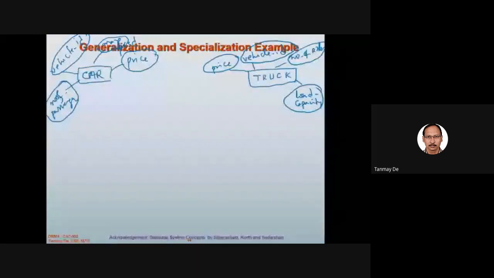By these two entity sets, they are distinct, but you can see some common features here. What are the common features or common attributes? Please tell me. From this figure, I think it is clear.